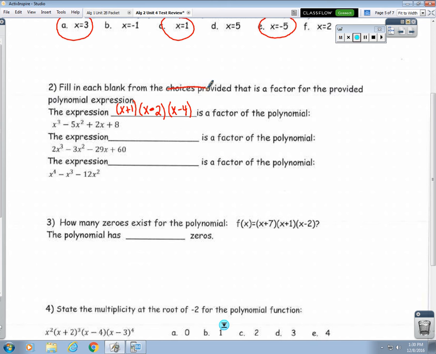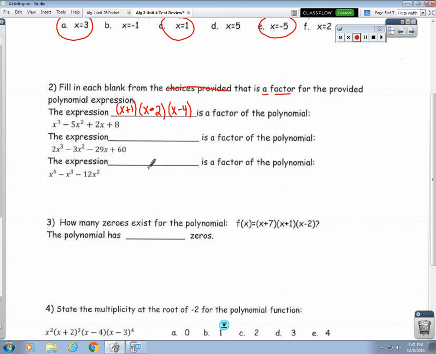There are not going to be any choices provided. You're just going to graph it and look at the zeros and write the factors representing those zeros. And it says a factor. If you just write one of those 3, you'll get it correct. Because it says a factor. So you could have just typed in the x plus 1 and been done and you would have got it right. Because they only want you to write a factor.